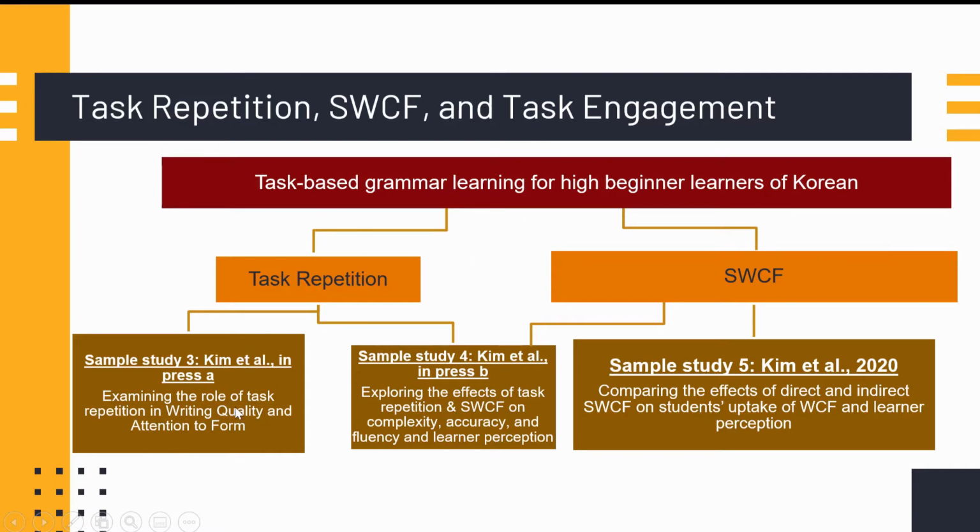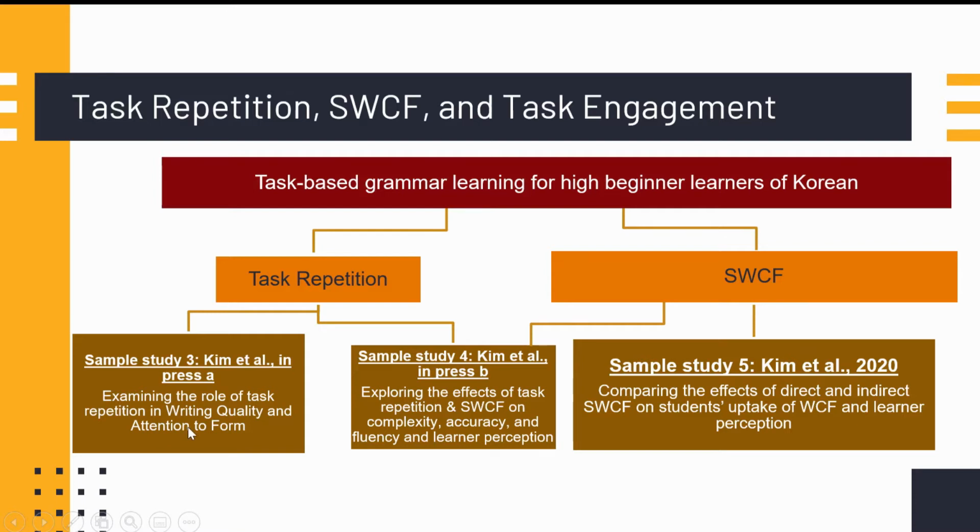So the first study examined the role of task repetition in writing quality and attention to form. In this study, we compared exact task repetition and procedural task repetition. As I mentioned earlier, exact task repetition is repeating exactly the same task twice, three times, depending on the frequency.